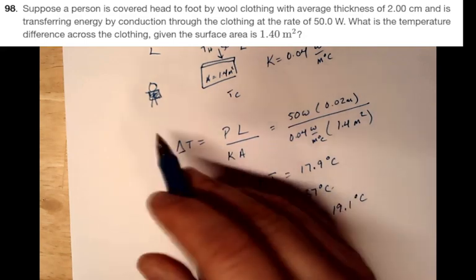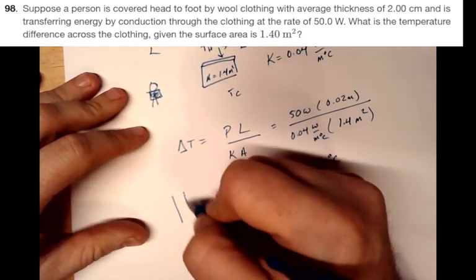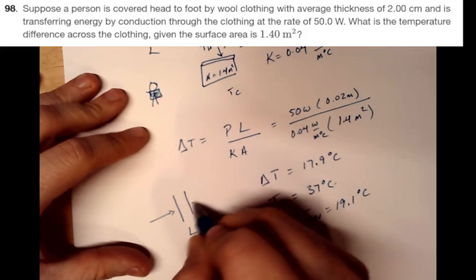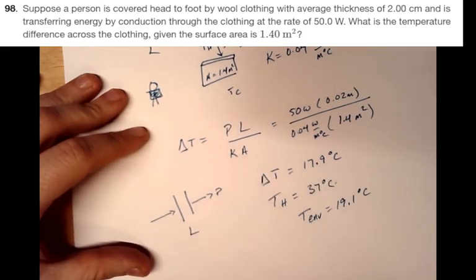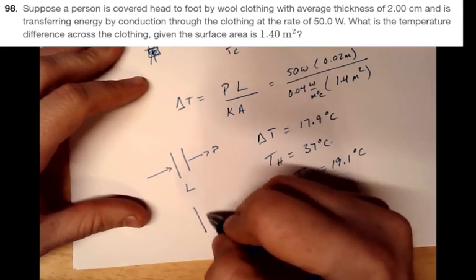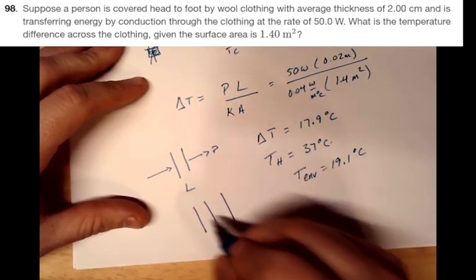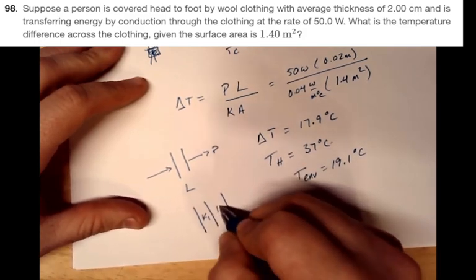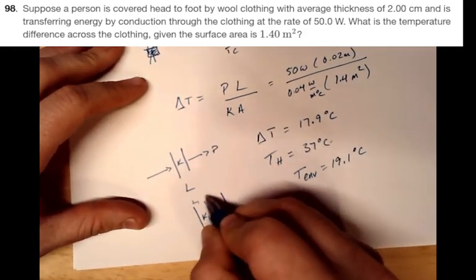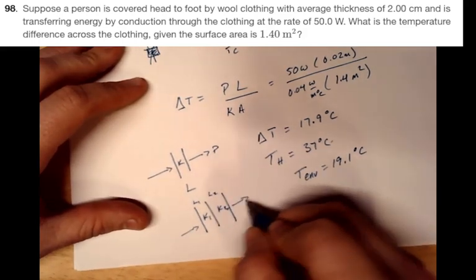So this is, I have one layer of material. Our model is, I have a layer of material, it has some thickness L, and heat goes through it like that. So we can ask the obvious question: what do we do when we have two layers of material, L1 and L2, and some power goes through it?